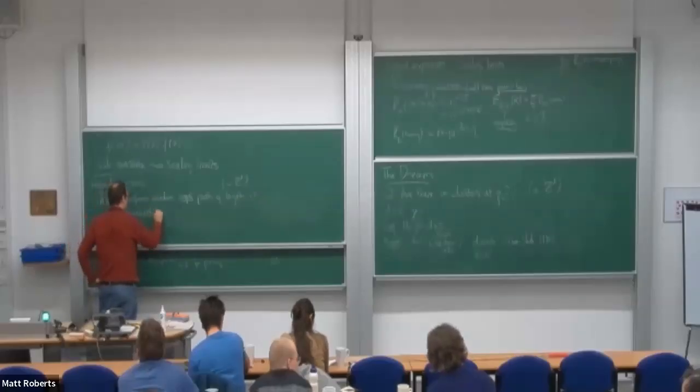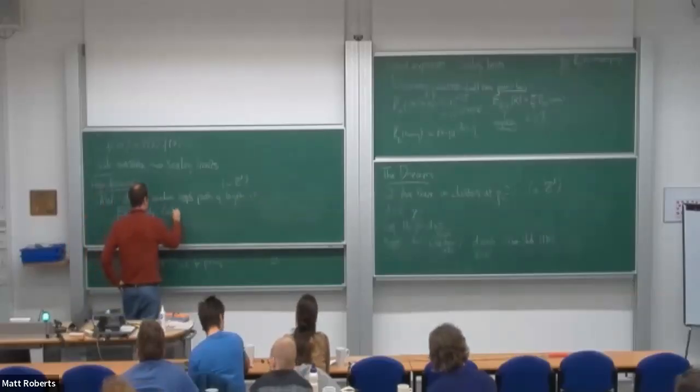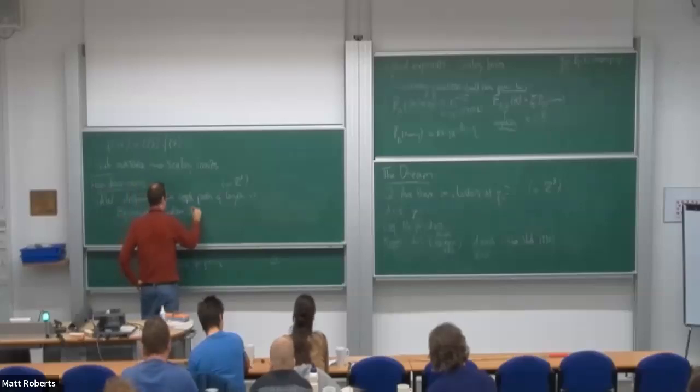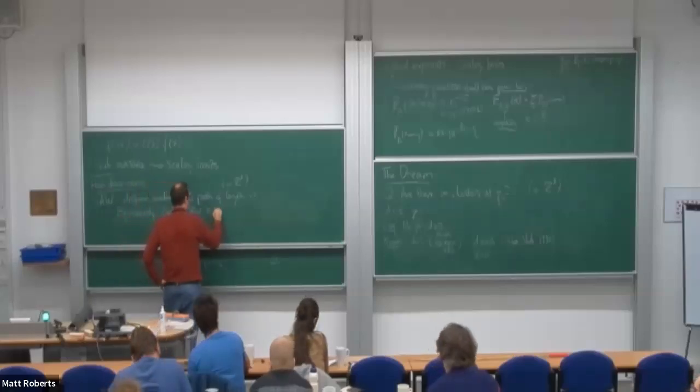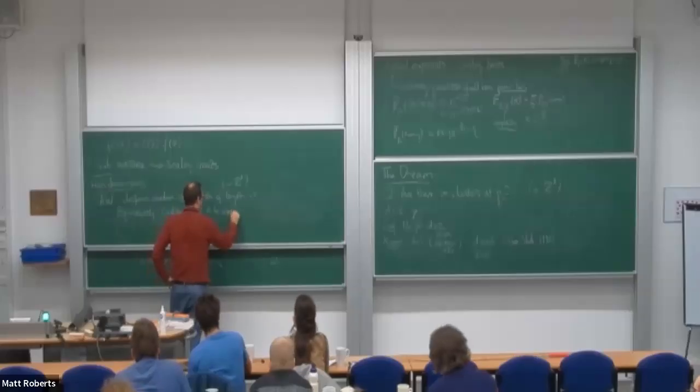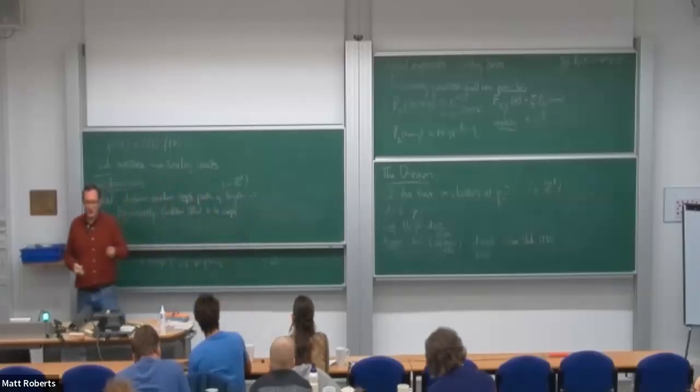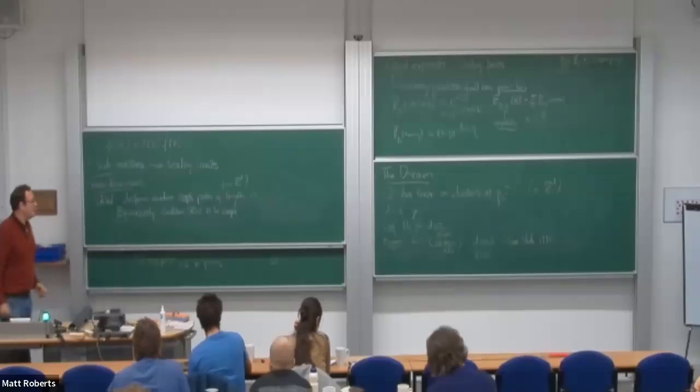Equivalently, condition simple random walk to be simple, right? So self-avoiding just means simple. It means you don't visit the same vertex more than once.